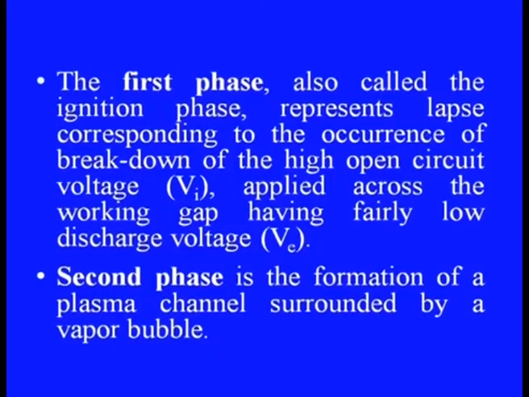The principle of EDM, as discussed already, can be grouped under the following 4 basic phases. The first phase, also called the ignition phase, represents the lapse corresponding to the occurrence of breakdown of the high open circuit voltage V I applied across the working gap, having a fairly low discharge voltage, also called V E. In the second phase, the formation of the plasma channel takes place, and this is surrounded by the vapor bubble.